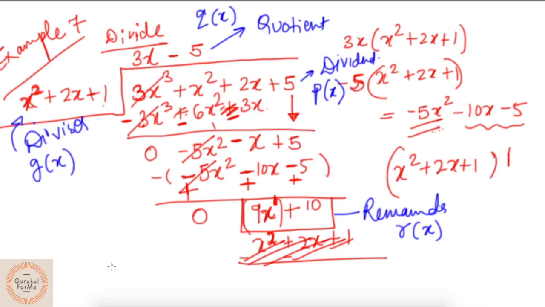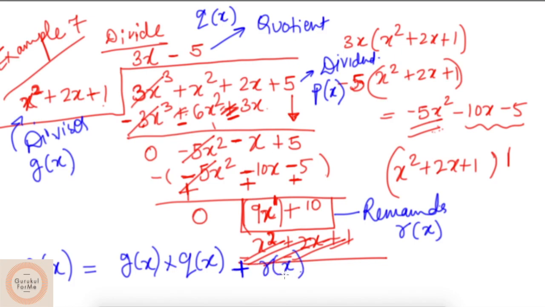So what can we say by Euclid division lemma, right? We know that dividend px is equal to divisor into quotient, right? So gx into qx plus rx. But did we notice one thing, that the power of r here was x to the 1 and here it was 2, and we could not divide any further.